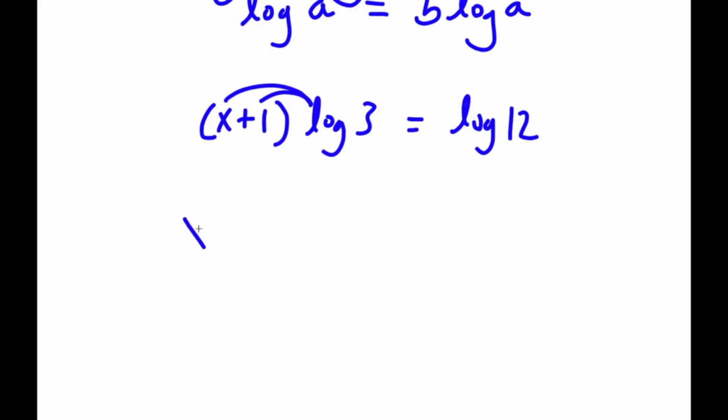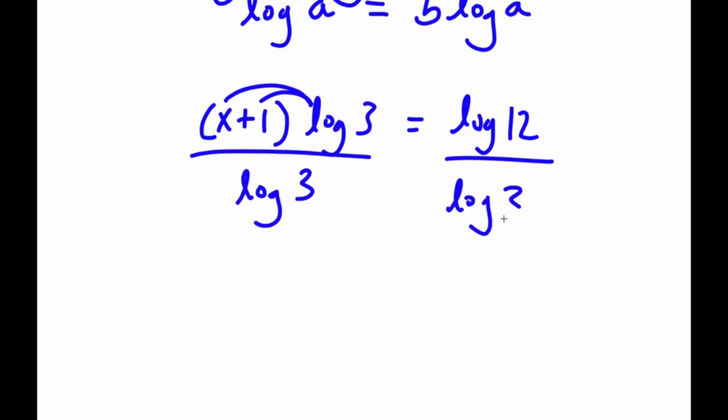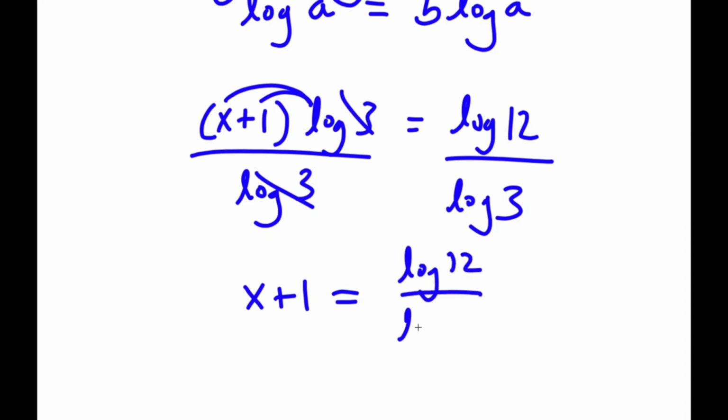So now I have x times log 3 plus log 3 is equal to, sorry. I'm actually going to divide by log 3 on both sides. So then these two cancel out, and I'll be left with x plus 1 is equal to log 12 over log 3.